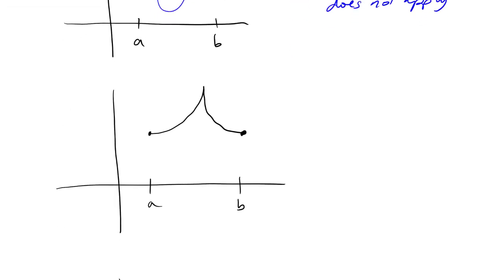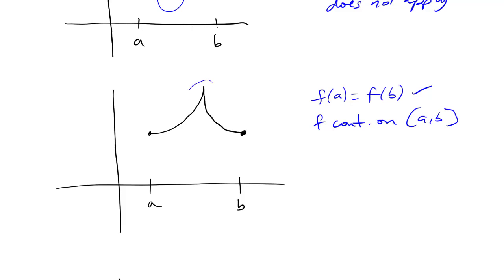All right, here, again, we have f of a equal to f of b. f is continuous on the closed interval [a, b], but if we look at that point there, we see that f is not differentiable on the open interval (a, b).